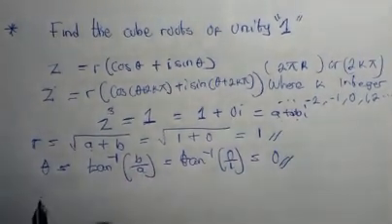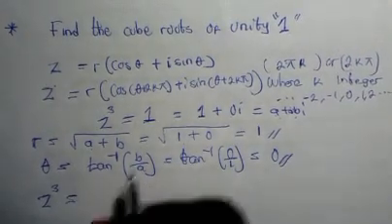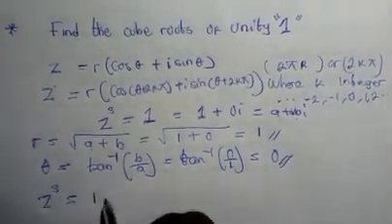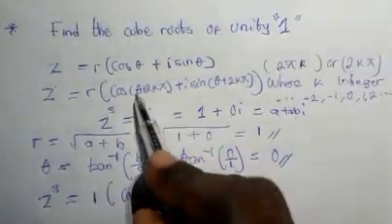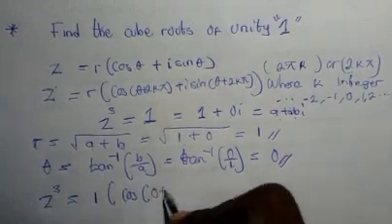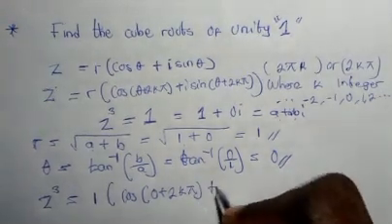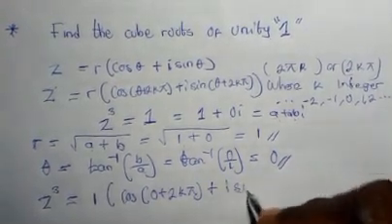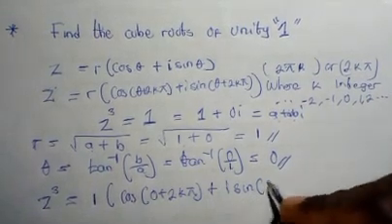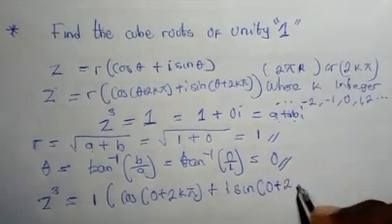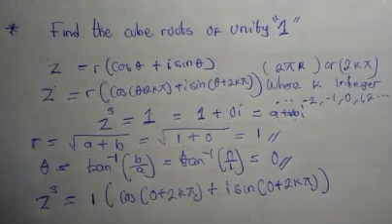We just say z raised to the power of 3 is equal to 1, r is equal to 1, cos open bracket, our theta is 0, plus 2k pi plus iota sine open bracket 0 plus 2k pi, all into brackets.